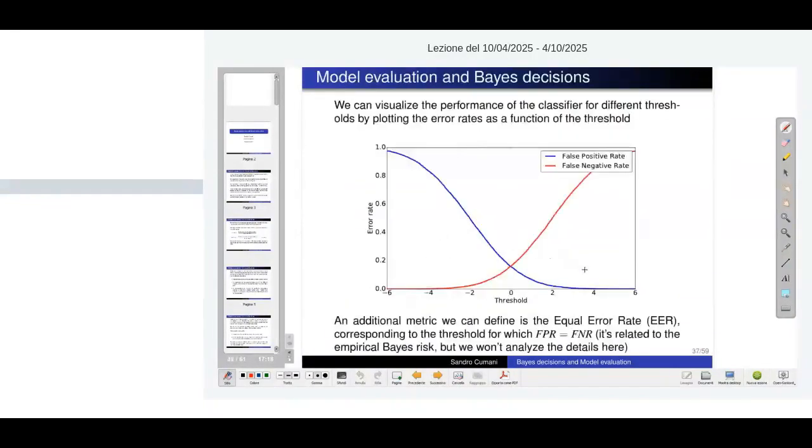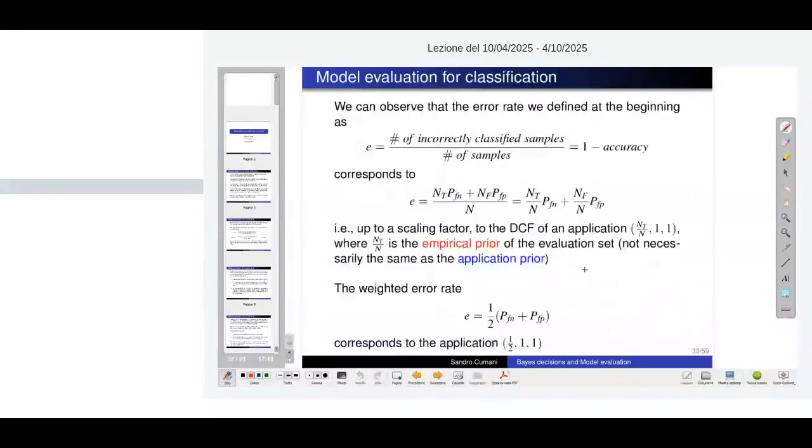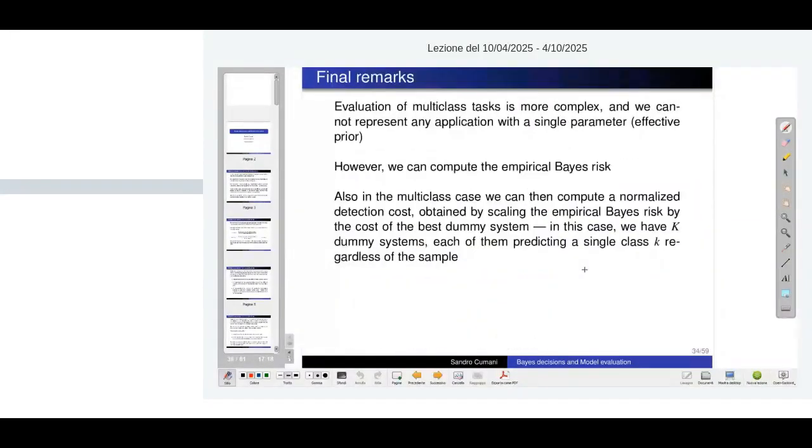Now, for today, let's finish this part. Then tomorrow we'll see how to make optimal decisions. Now, for binary, we've seen how to define a decision function, a detection cost function. For multi-class, we can resort to the empirical Bayes risk. And again, we can normalize it if we want by considering dummy systems.